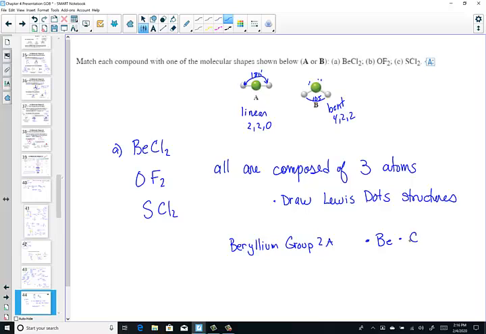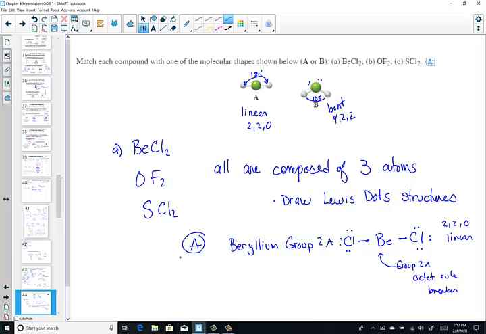And clearly I can see when I add the chlorines to create single bonds with its 7, that this molecule satisfies the octet rule for each, knowing that since this is group 2A, it will be an octet rule breaker. It doesn't want any more than 2 single bonds. So its VSEPR count is indeed 2, 2, 0, so it will be a linear molecule. It'll look like letter A.